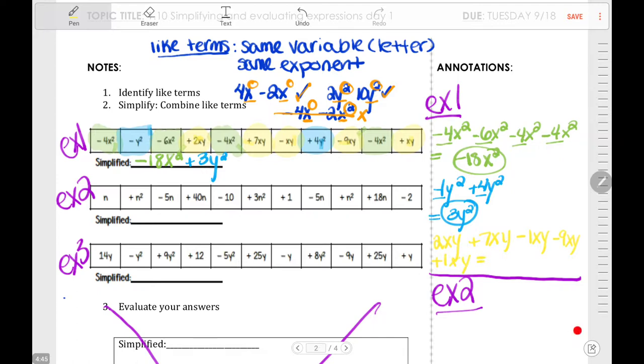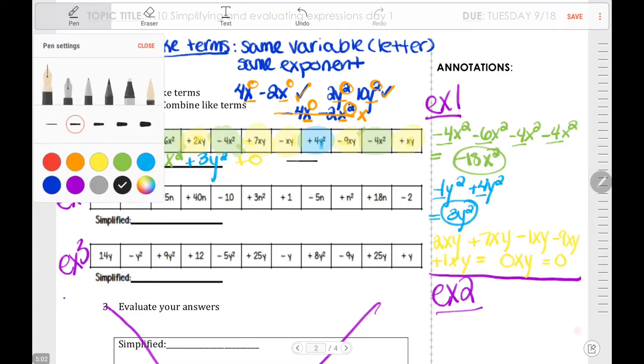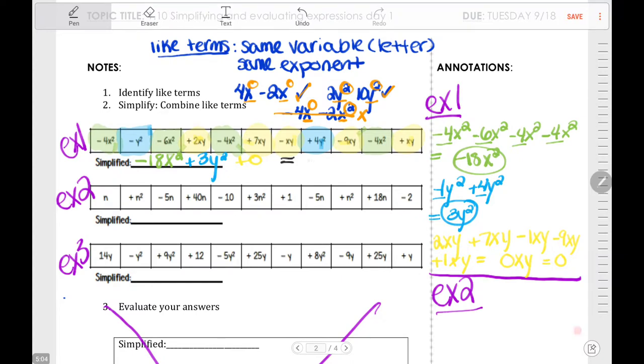And same thing when I put that in my calculator, I'm only worrying about the numbers in front, or the coefficients. And that gets me 0xy, which is the same thing as 0. So I actually can write plus 0, or I don't have to write it at all. So my final answer when I'm simplifying and I'm all done is negative 18x squared plus 3y squared.